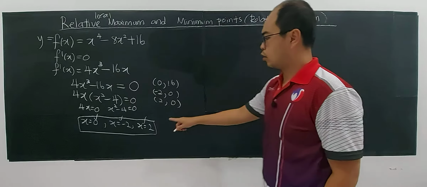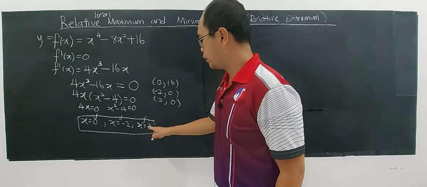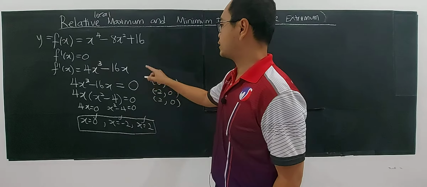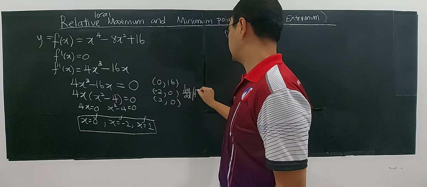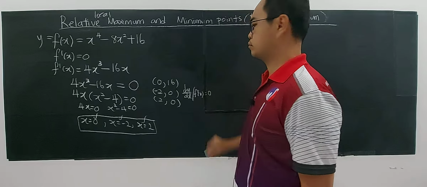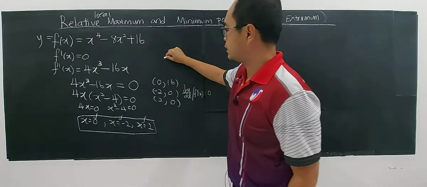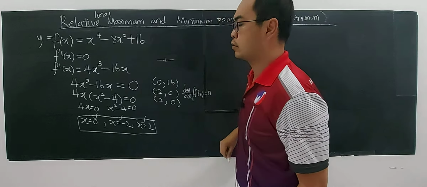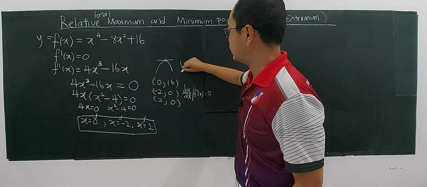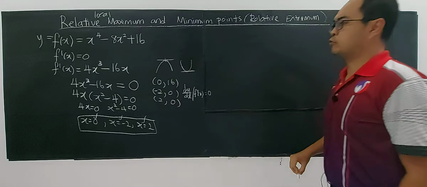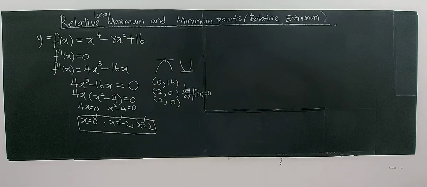These are all the stationary points. At these points, dy/dx, the f prime x, all equals 0. So the tangent at these points is horizontal, either a relative maximum or a relative minimum. So we have to identify which. How do we identify this?